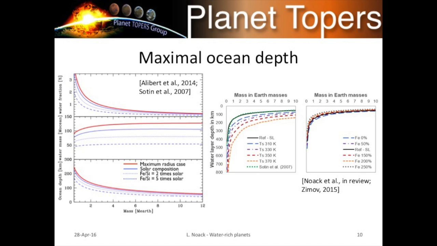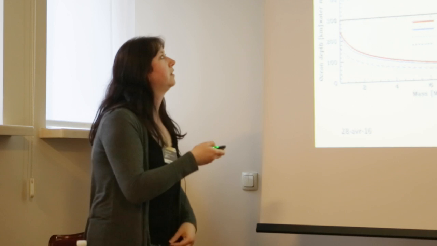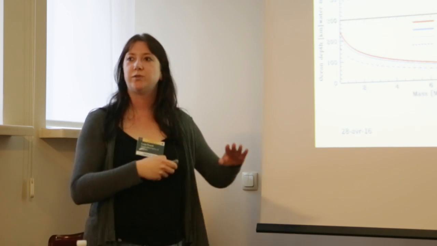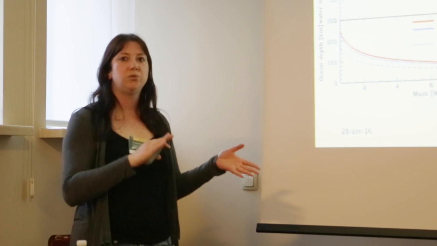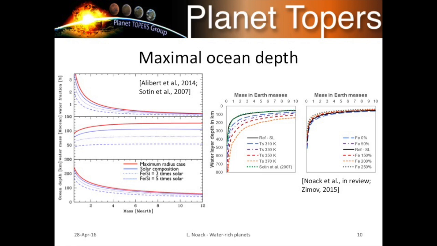This is a study, for example, done by Jan Alibert, who's the chair of this session, but also by Sotin et al. in 2007, looking at, depending on the amount of water and the mass of the planet, here again in Earth masses, how deep a water layer can be before you actually form high-pressure ice. And just to tell you, I'm not sure if you can see the numbers, but for an Earth mass planet, something like 2-3 weight% of water is already the limit for a liquid ocean.